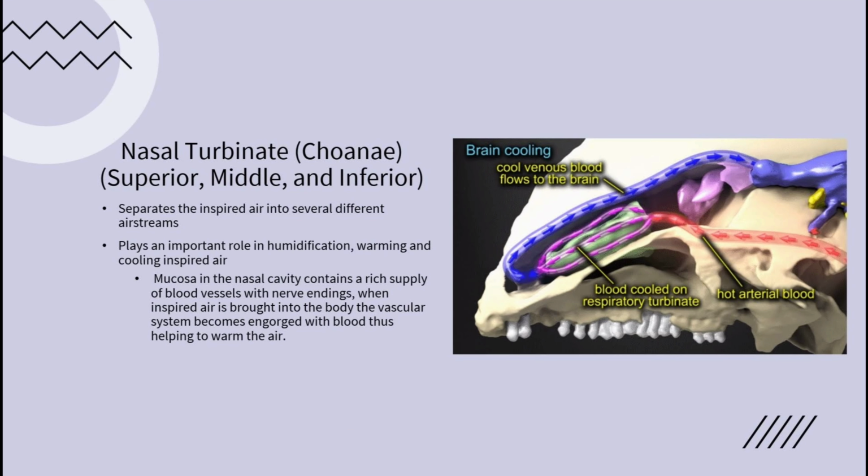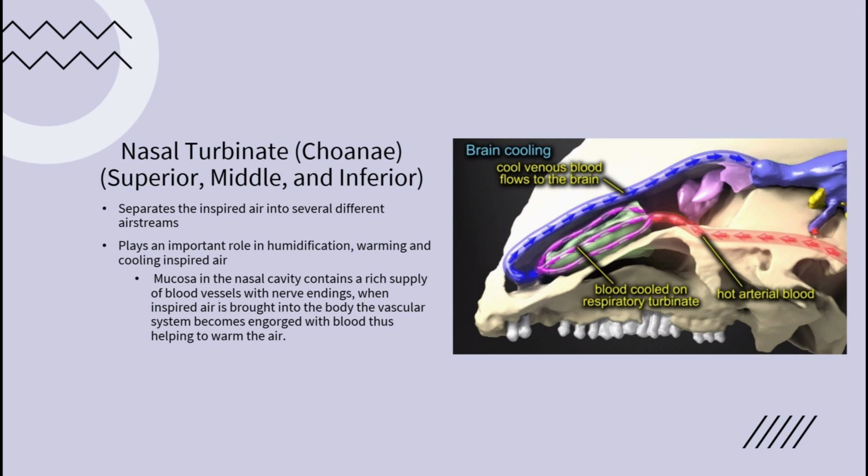As the air passes through all of the hair follicles and goes into the next part of the nasal cavity, it goes into the superior, middle, and inferior nasal turbinates, and it separates the inspired air into different air streams. This plays an important role in humidification, warming, and cooling of inspired air, and it does this by the mucosa in the nasal cavity.